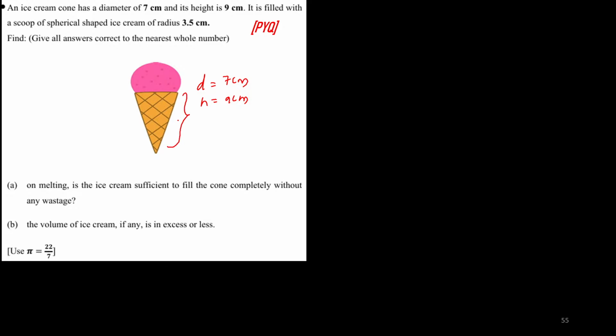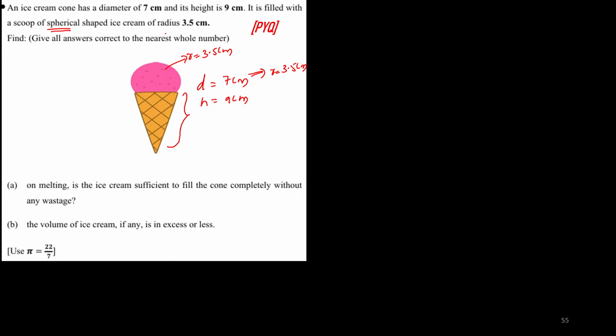It is filled with a scoop of spherical shaped ice cream of radius 3.5 centimeter. Obviously, here also the radius is equal to 3.5 centimeter. Give all your answers correct to the nearest whole number.